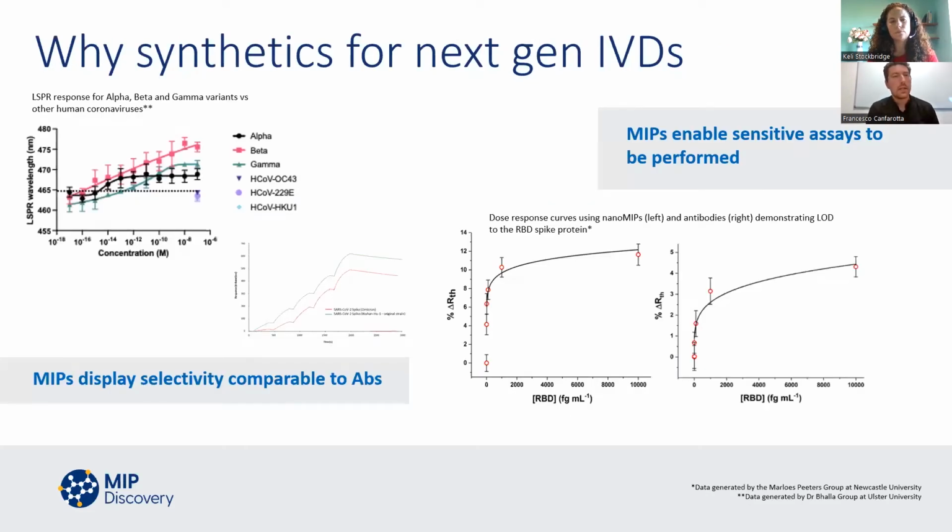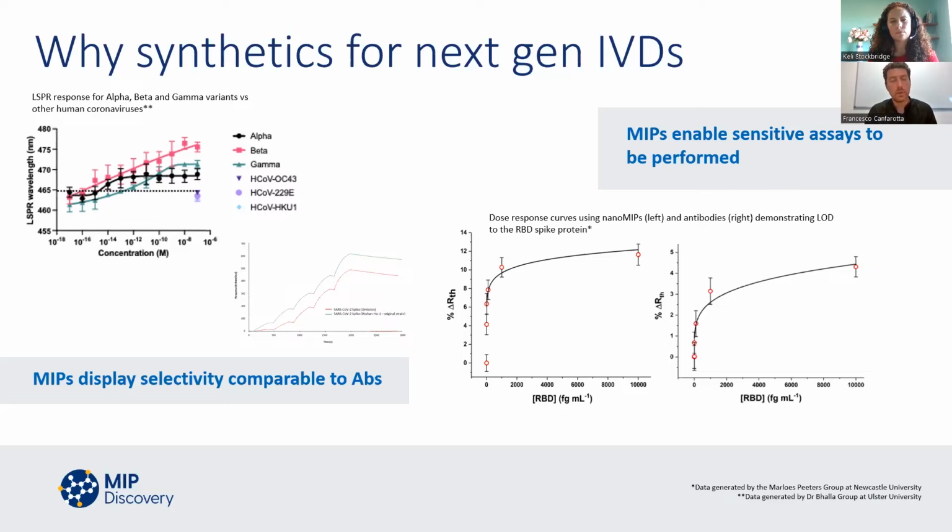epitope. We're now going to discuss a few examples of nanoMIPs used in sensor applications. In this case, on the left-hand side, you can see an example of our COVID-19 nanoMIPs in an LSPR sensor, so a localized surface plasmon resonance sensor. This was developed in collaboration with the University of Ulster.